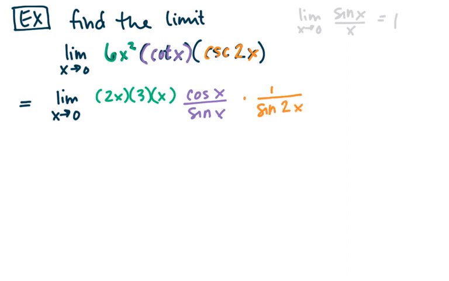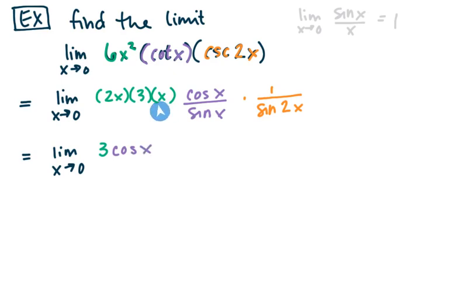And so now I see that I've got some sine values in there. Using a little bit of commutativity, I'm going to rearrange the way these numbers look. I'm going to leave my 3 in front and my cosine x in front.